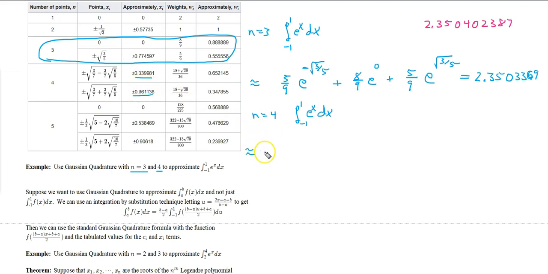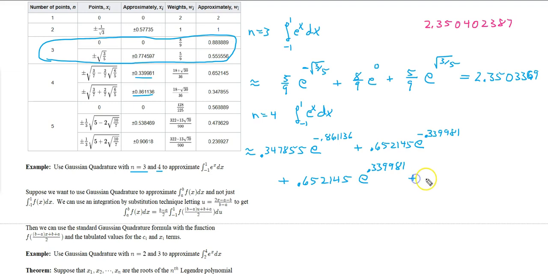So we got our approximation over here, and so there you go, that's what we get.